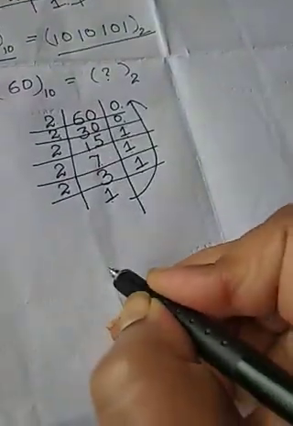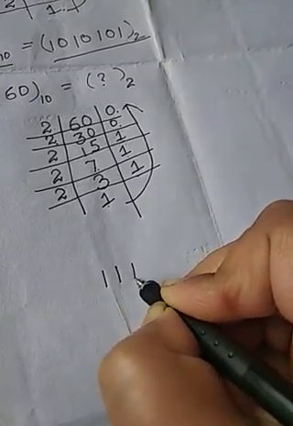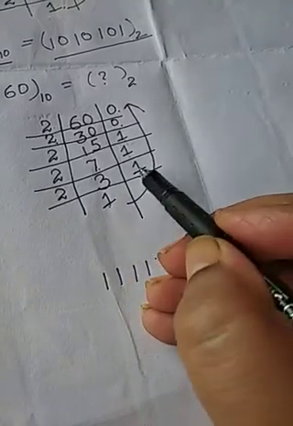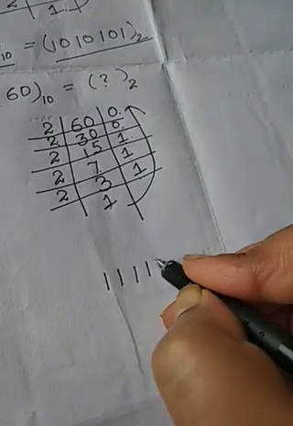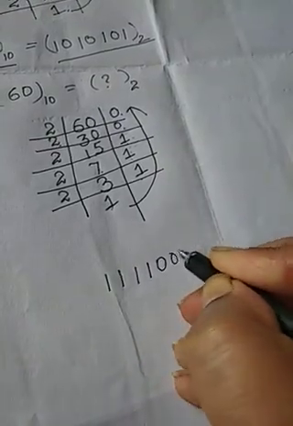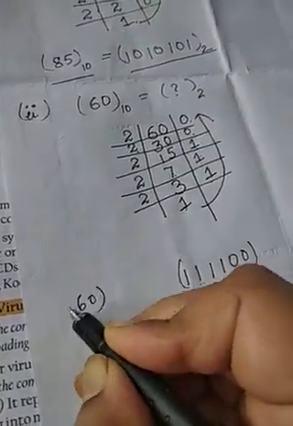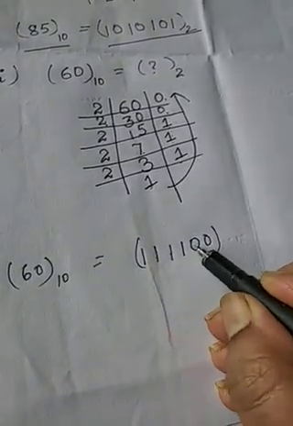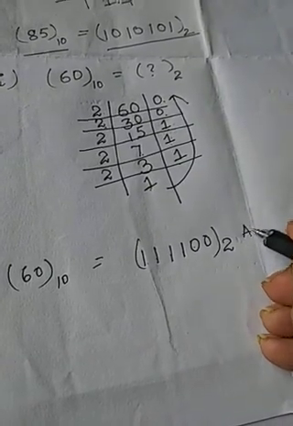So it will be 1, 1, 1, 1. 4 times 1 are there: 1, 2, 3, 4, and then 2 zeros. So your answer will be 60 in decimal is equal to 111100 in binary. This is your answer.